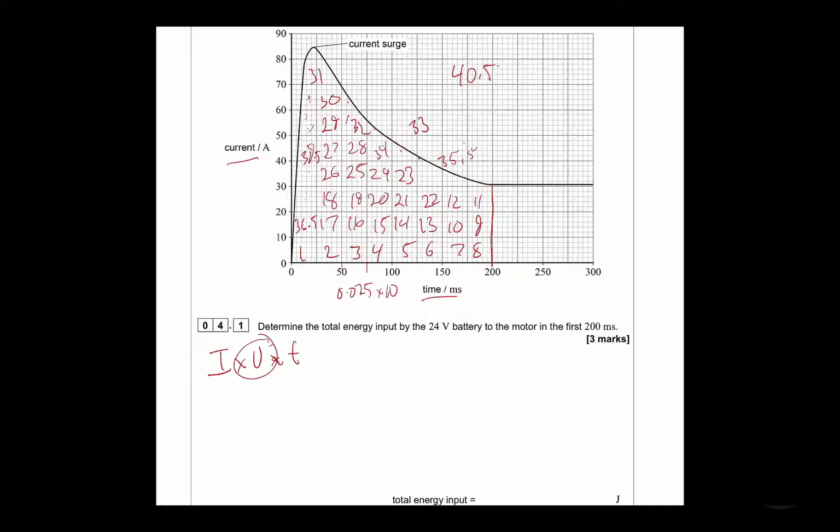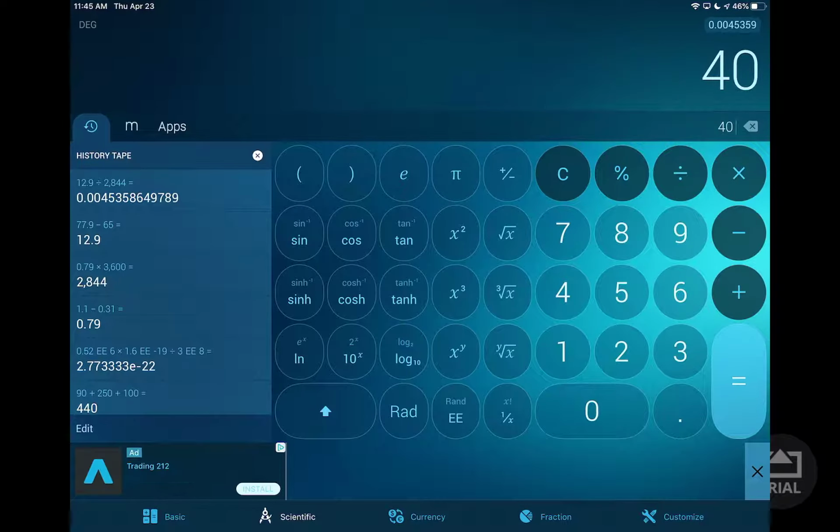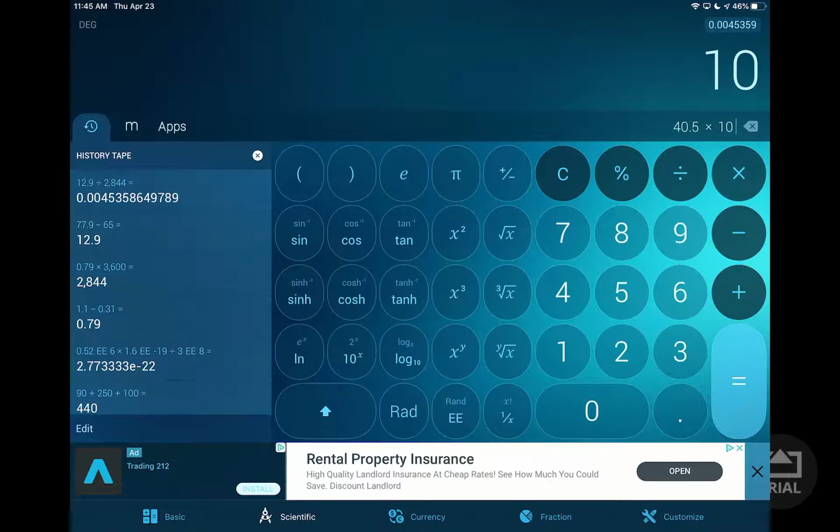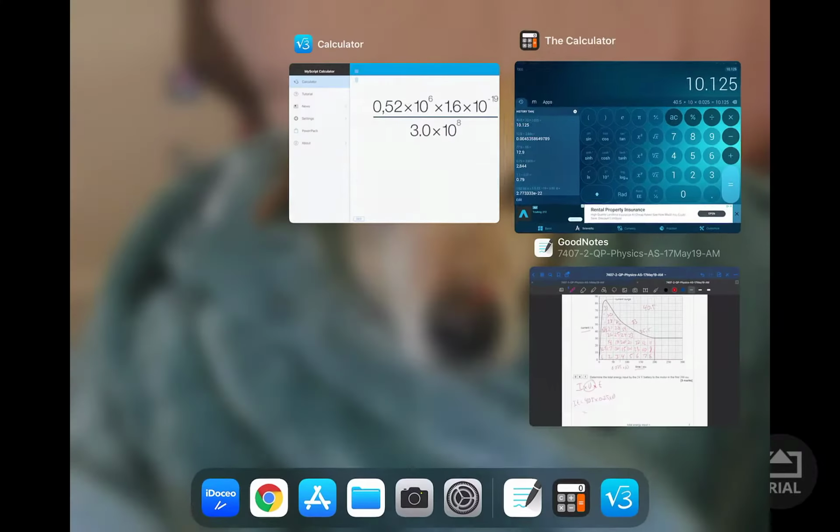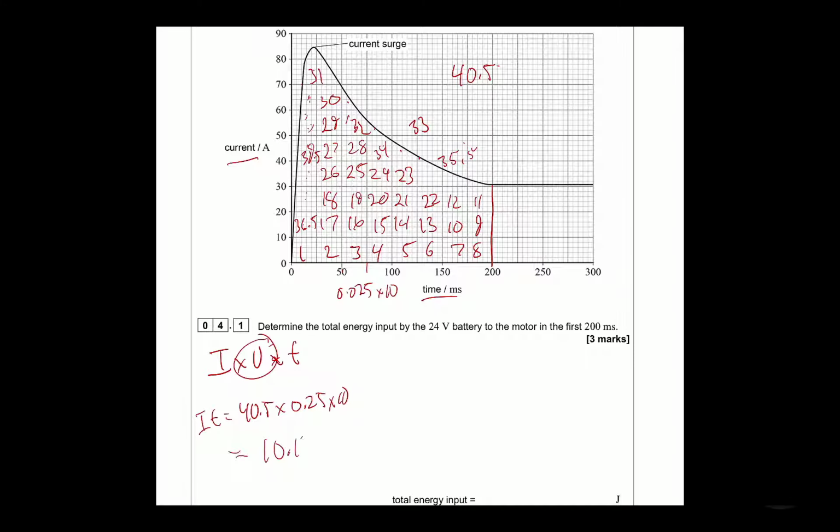So my I times t is 40.5 times 0.025 times 10, which is 10.125, or sorry, times 24 volts.